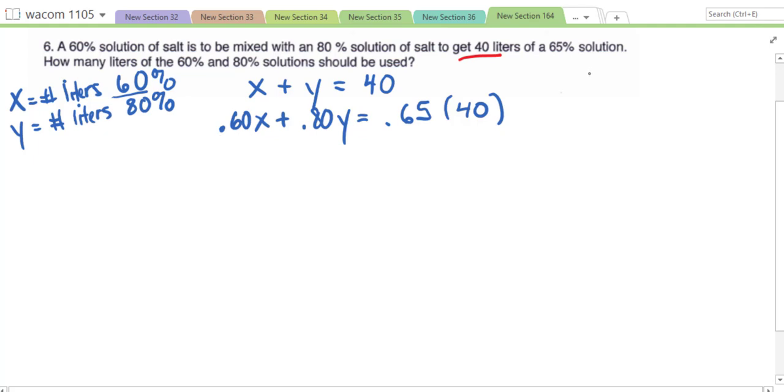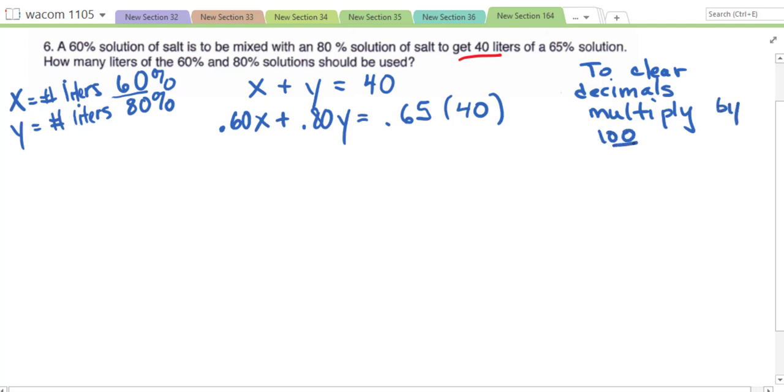So if I want to clear the decimals, I will multiply by 100. Right? 2 zeros for 2 digits after your longest decimal. Right? So I'm only going to work on that equation. These 2 zeros, move your decimal to the right 2 places.